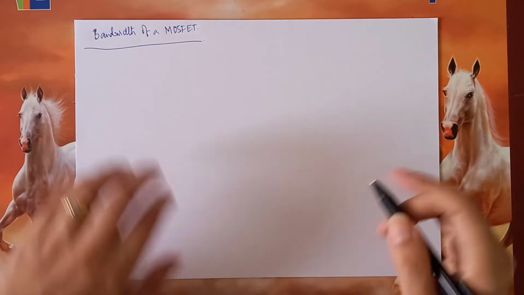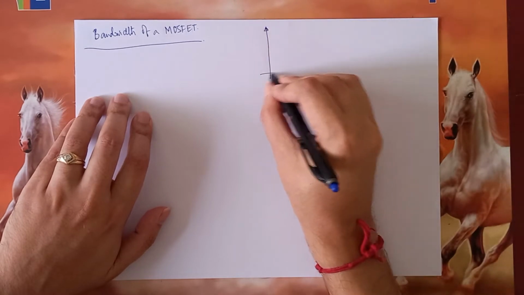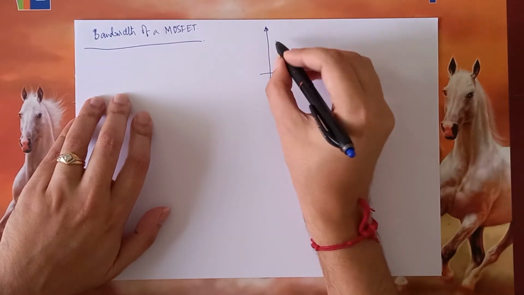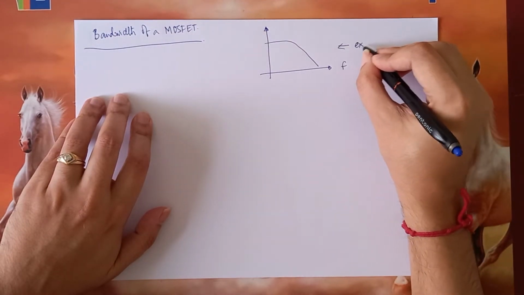So even with respect to the MOSFET, we can define what we mean by the bandwidth. Generally, when we are talking of the bandwidth, we expect that the response will be low pass. This is the expected response.